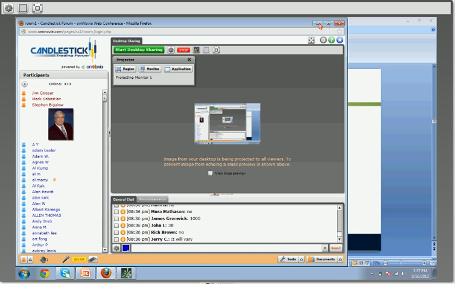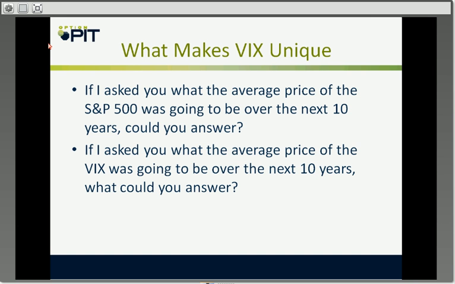Everybody knows that. It will vary. I mean, there's no way. The average price of the S&Ps over the 2000s was, I don't know, 1150, maybe it was 1500. In the 1990s, it was much higher, or it was lower. The 70s, it was in the toilet.